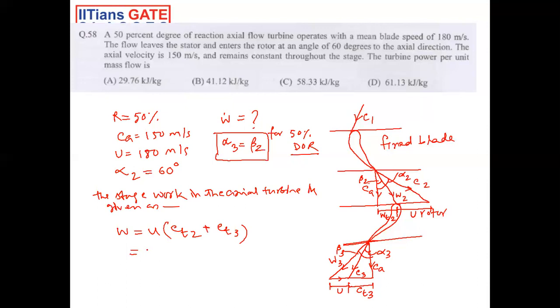Which can be written as, this CT2 is this velocity. So this CT2 can be written as C2 tan alpha 2, plus CT3, which can be written as C3 tan alpha 3.